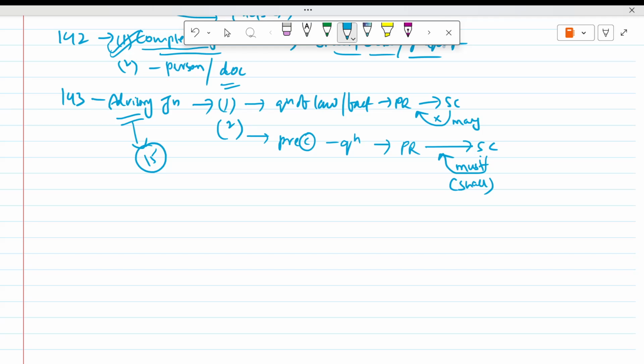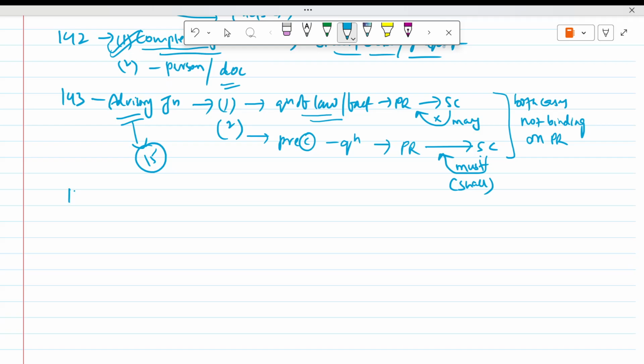So 143(1) says if any question of law or fact, the Supreme Court may or may not give. For pre-constitutional matters, the Supreme Court must give its opinion. In both cases, it is not binding on the President. Not binding means the President may or may not follow that advice. It is the President's wish.